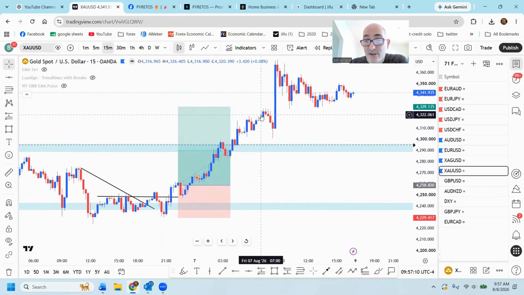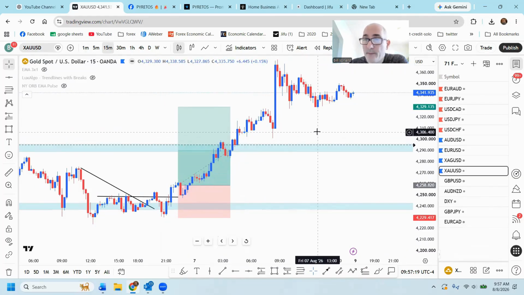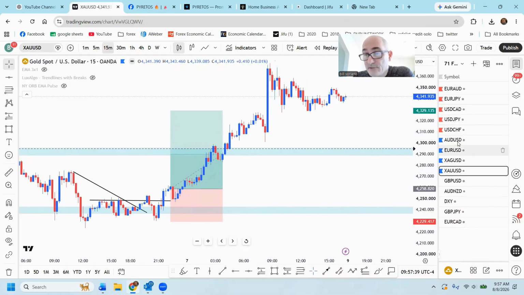And I did get out before the news came out on this because, like I said, I wasn't sure. I did get out right about here. So I got probably like a 1 to 2.4 on this trade. I was trying to get a 1 to 3. I would have gotten 1 to 3 had I stayed in, but again, I didn't want to risk it over that news event on Friday. So those are the pairs we're looking at this week. Right? So I've given you 2, 4, 6, 8, what is that? 9 pairs.